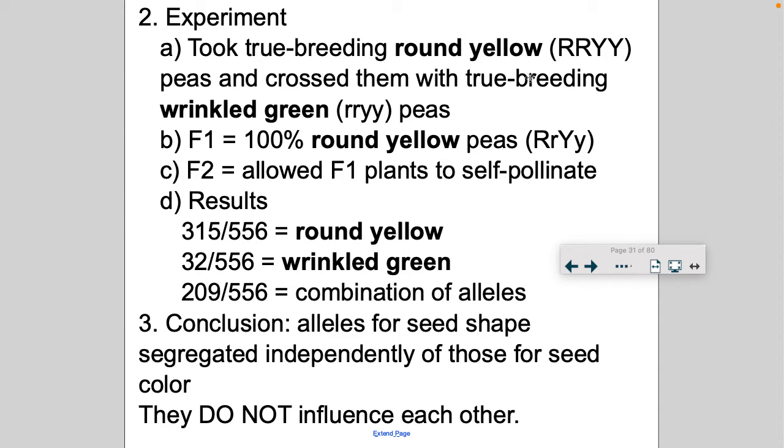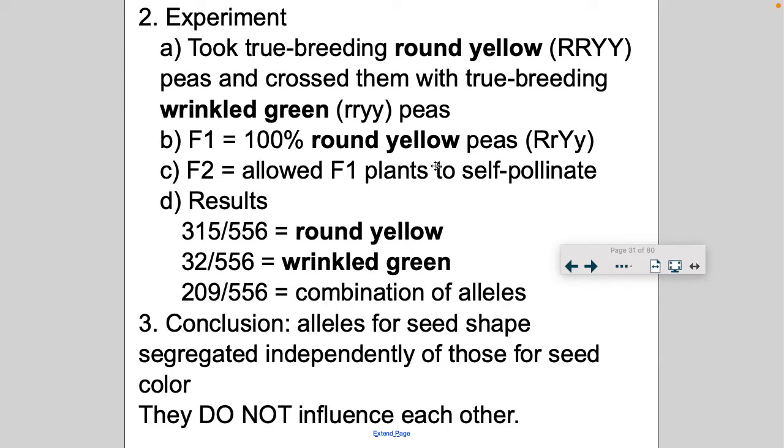And he crossed them with true breeding recessive traits: wrinkled, little r, and green, little y. So you cross these two together. In the first generation, 100% round yellow peas.